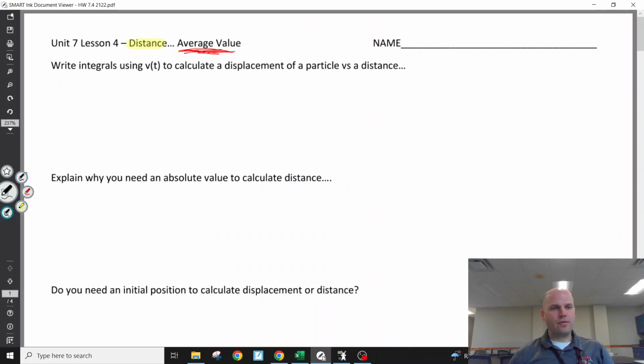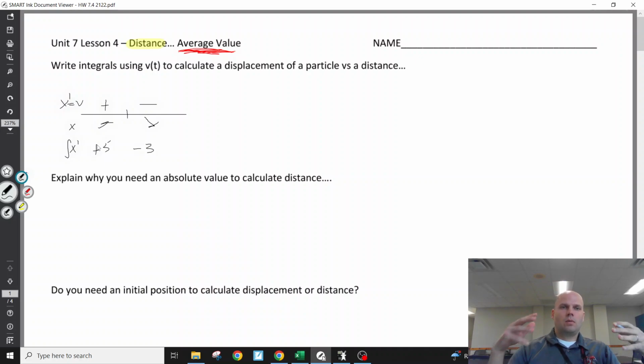If we have looked at velocities, signs, which is the derivative of position, over the course of the entire unit, and if we understand that the area under the velocity is the displacement, we should understand displacement versus distance.